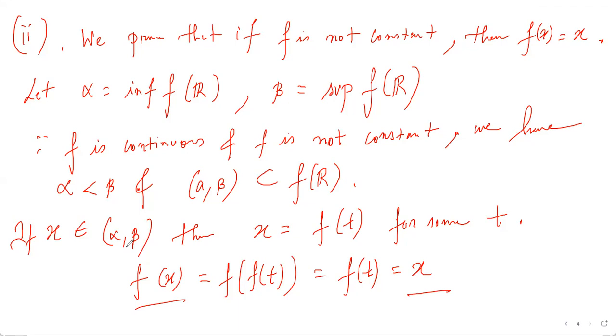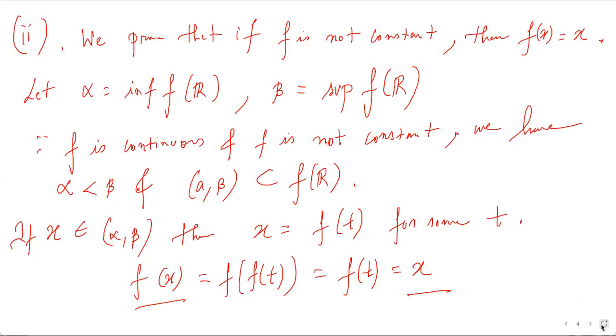So only this much we have been able to prove, that in this particular interval f of x is equal to x. Now we'll work with this alpha and beta. Let us first assume that beta is finite.